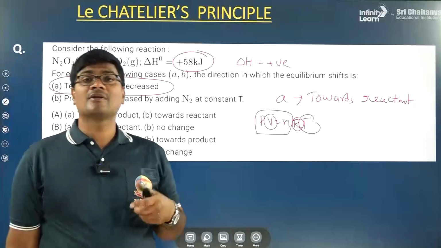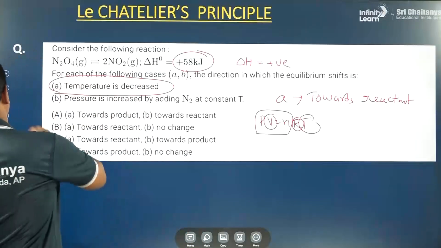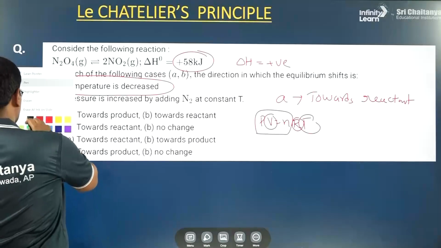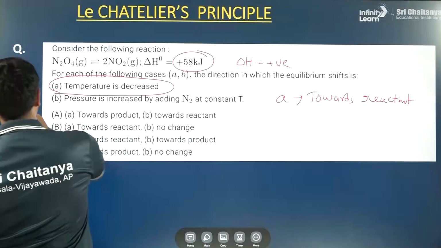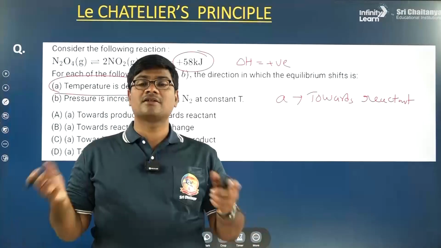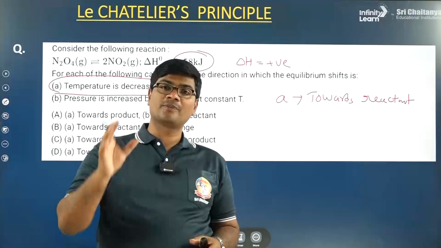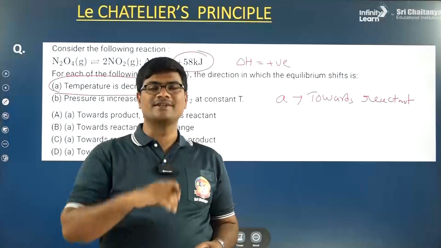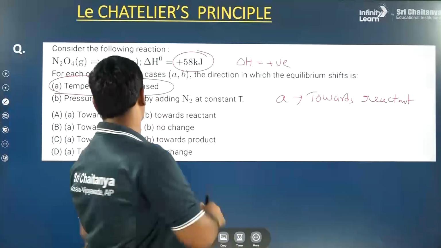Now, what happens if the total pressure increases? If you add an inert gas at constant volume, the total pressure increases, that we know. But what happens to the partial pressures of the gases? Here we are adding extra gas, so total moles also increase. What is partial pressure?